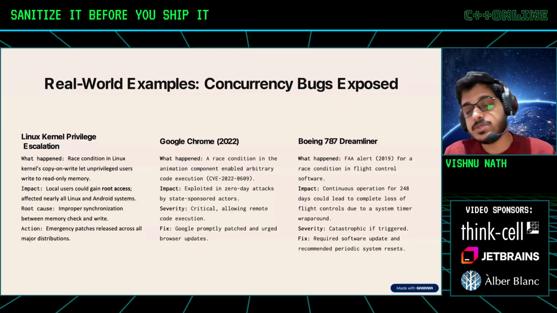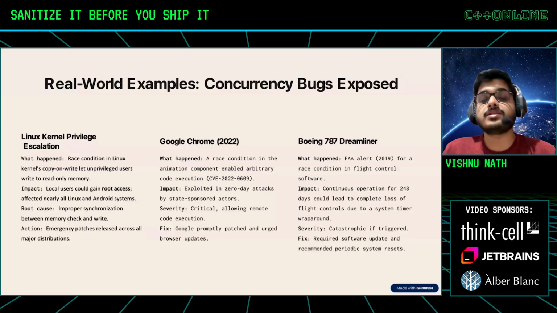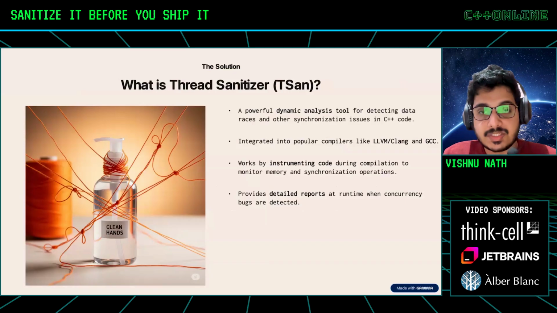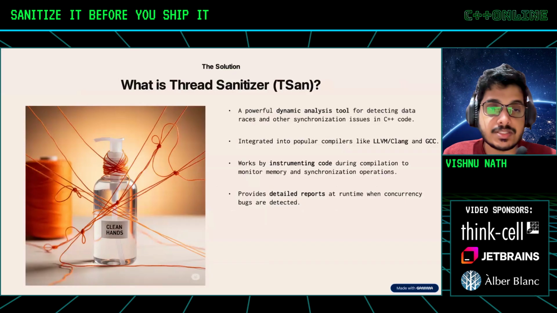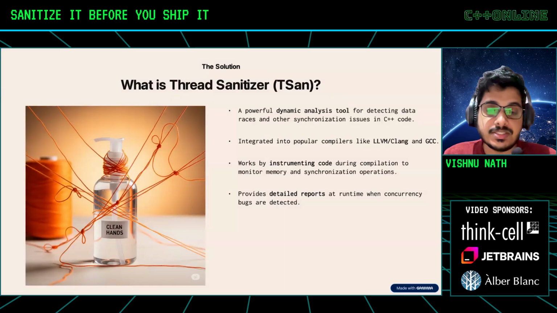So who can help detect these concurrency bugs much earlier, before they go to production? That's ThreadSanitizer, which is the hero of this session. It's a dynamic analysis tool for detecting data races and other synchronization issues. It is integrated into popular compilers like LLVM Clang and GCC as well.